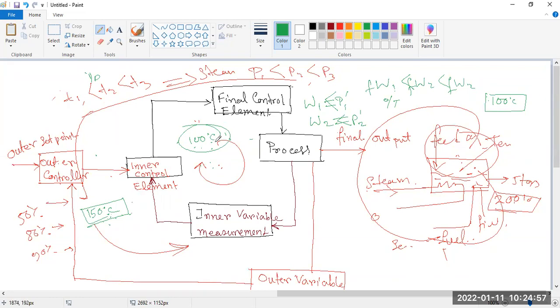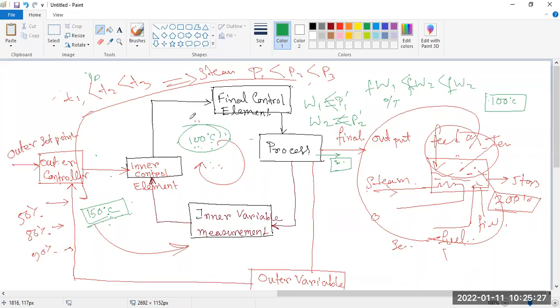There must be some ratio. If you control only one, it does not fulfill your requirement. The boiler output steam is very crucial. If you generate more steam, the boiler may crack, or your safety valve will open and it will go outside.